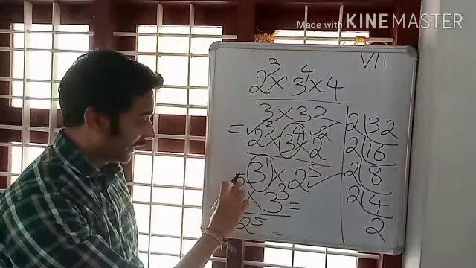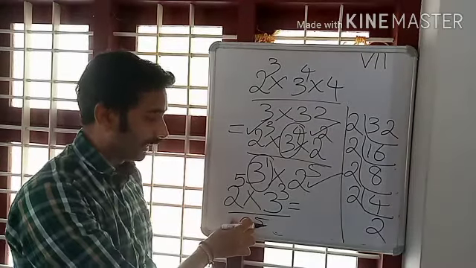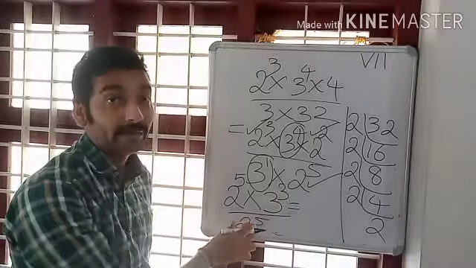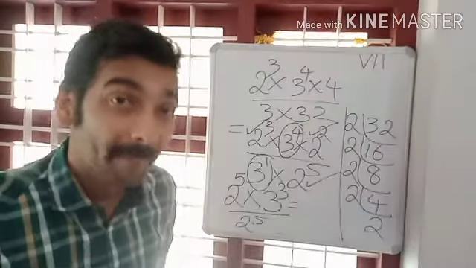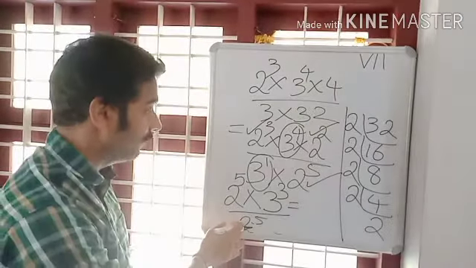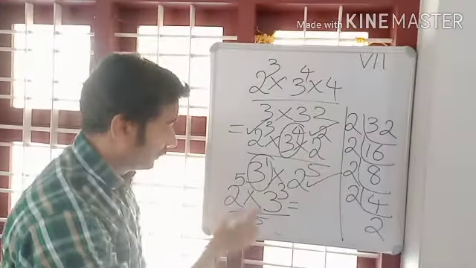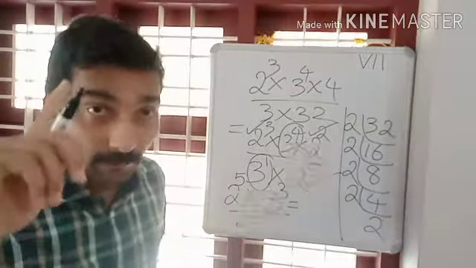That means 2 raised to 5 divided by 2 raised to 5. It is division, that is a raised to m minus n. That means 2 raised to 5 minus 5, which is 0. That means 2 raised to 0, which is 1.